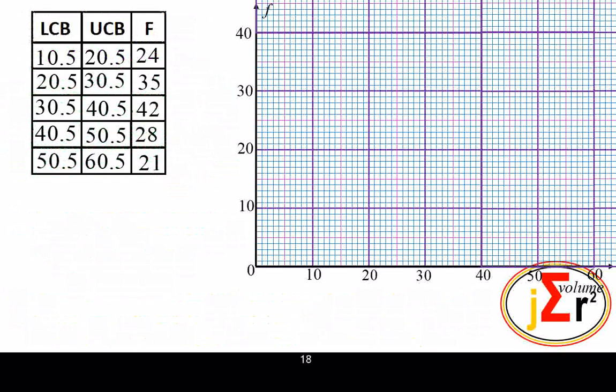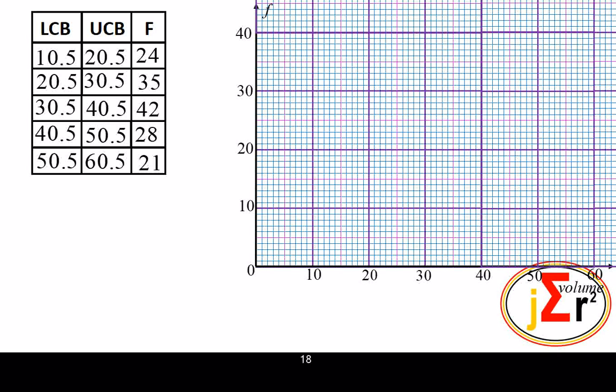If we are going to construct a histogram, we must use the frequencies, and those are in relation to the lower and upper class boundaries. And of course, the lower class boundaries are actually values of the volume of petrol.